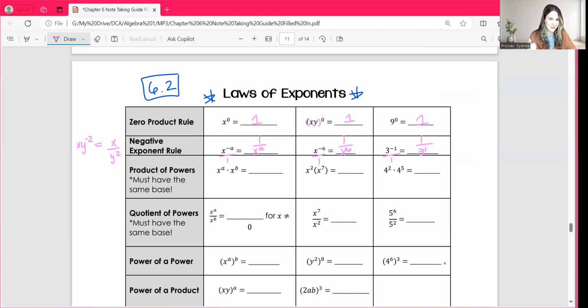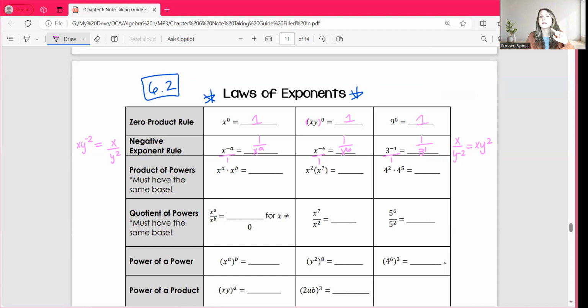The other thing I want to show you is if something negative is in the denominator, let's say x over y to the negative 2. The negative exponent is in the denominator. If I move it to the numerator, it becomes positive, and now it becomes x y squared. There's nothing wrong with the x. It stayed in the numerator the whole time.